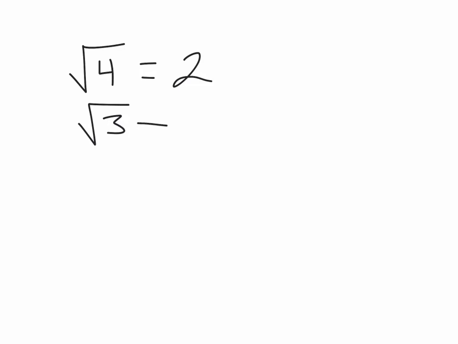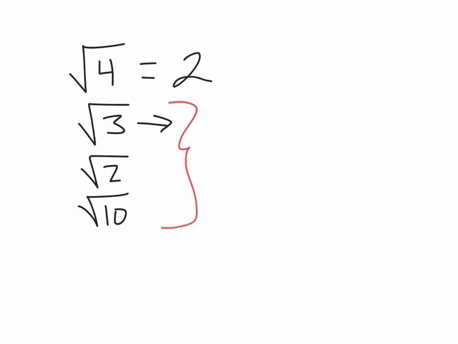If I were to give you the root of 4, you can simplify root 4 into 2. If I gave you the root, though, of 3, you can't simplify it into a whole number solution. Just like if I gave you the root of 2 or the root of 10, none of these can have a whole number solution.